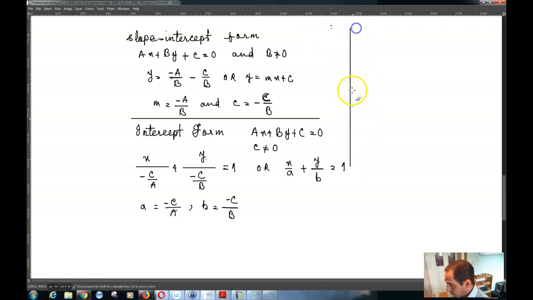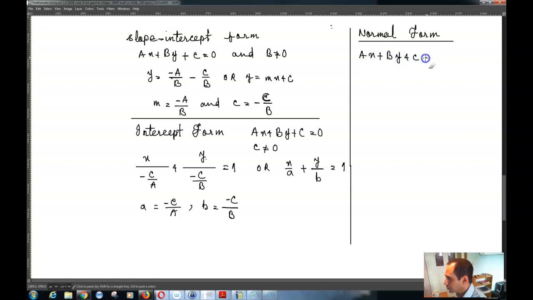And also we had another form over here which was called the normal form, and that is if you have again the same equation, ax plus by plus c is equal to 0, you can write the same equation as x times cos omega plus y times sine omega is equal to p.